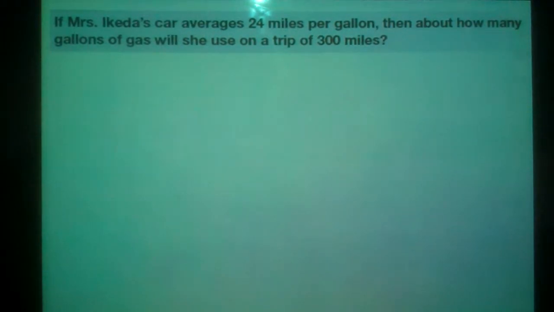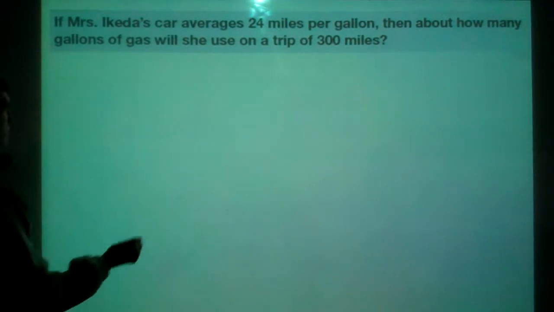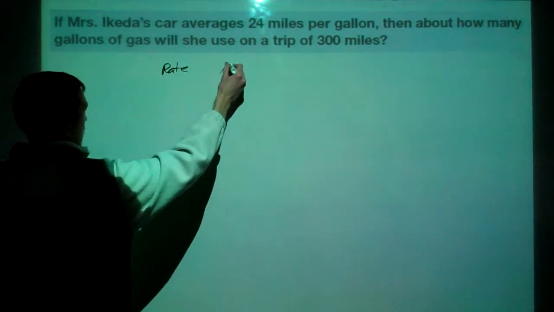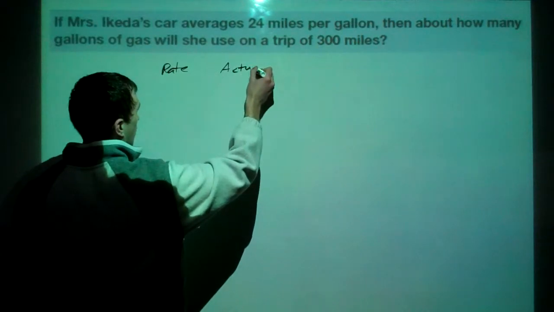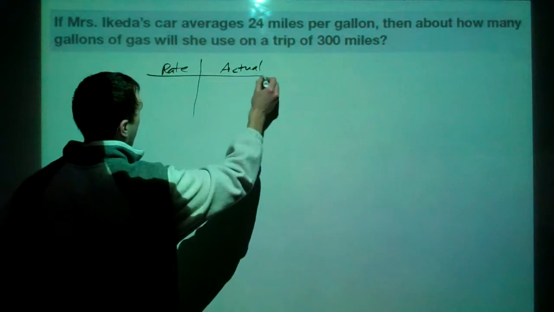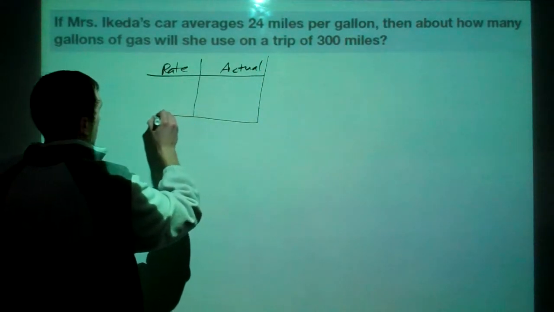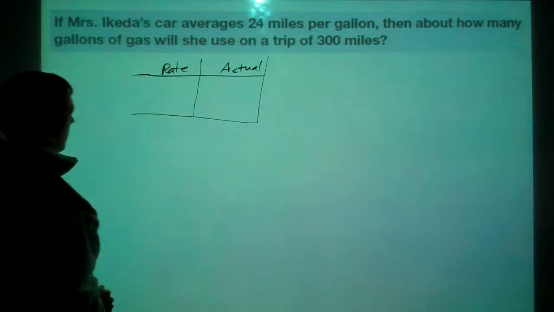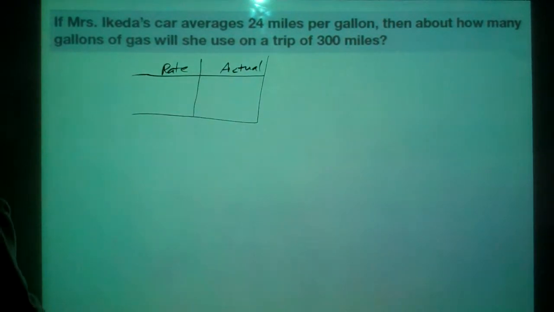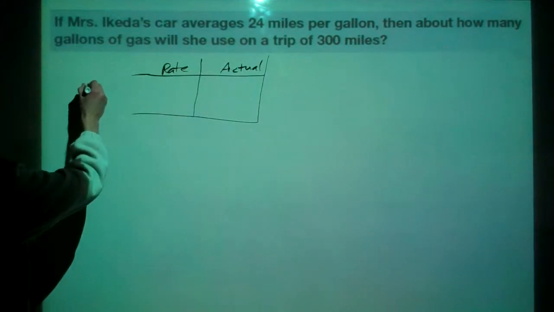This car averages 24 miles per gallon. How many gallons of gas will she use on a trip of 300 miles? Well, let's set up our table here. We have our rate, we have actual, and then we'll have our side category, which is miles per gallon, or distance per capacity.